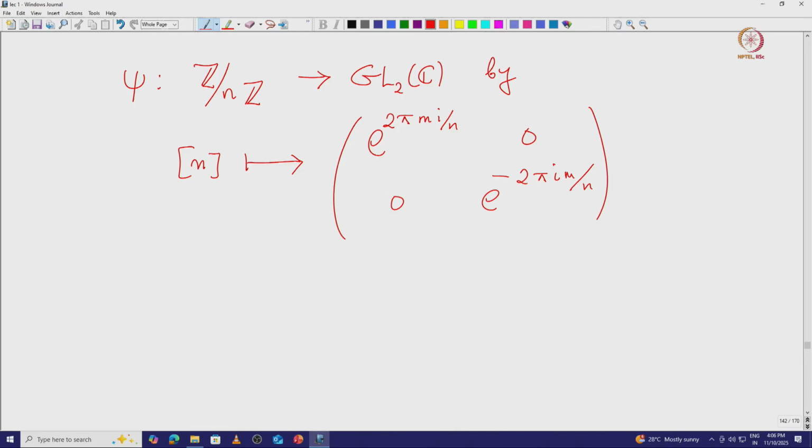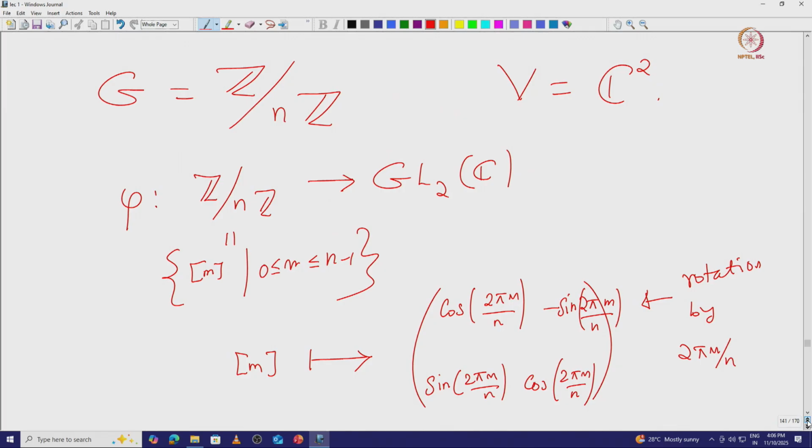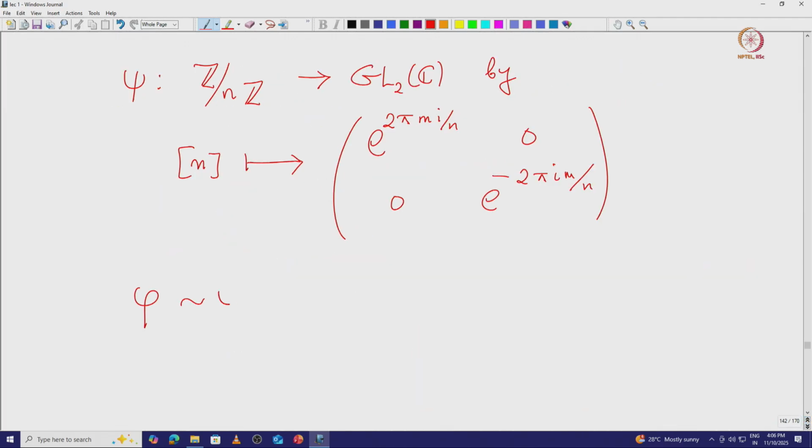Now it is not hard to see that this phi that we defined before is indeed equivalent to the xi, and the intertwiner matrix is given by the following map T, which is given by the matrix with rows (i, -i) and (1, 1).